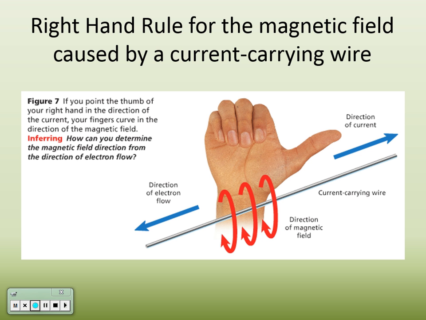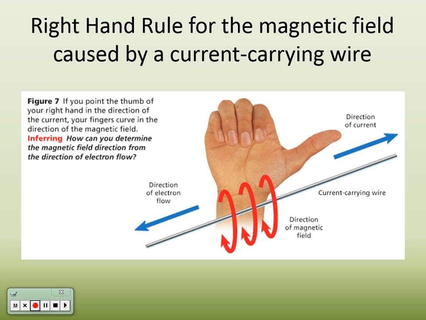Okay? When we look at the field that is produced by a wire that is carrying current, we use what we refer to as the right-hand rule. Okay? Hold on one second. All right. So here is a conductor.